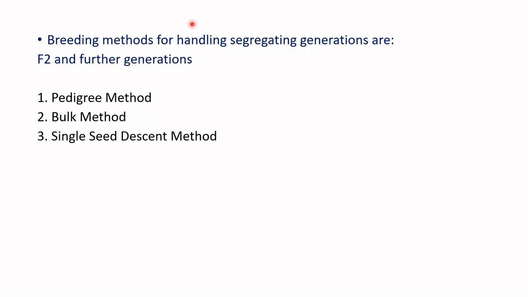And what is handling segregating generations? Segregating generations means the F2 and further generations like F3 and F4, because in these generations the genetic components of parent 1 and 2 are segregated in the whole population according to the second law of Mendelian inheritance.